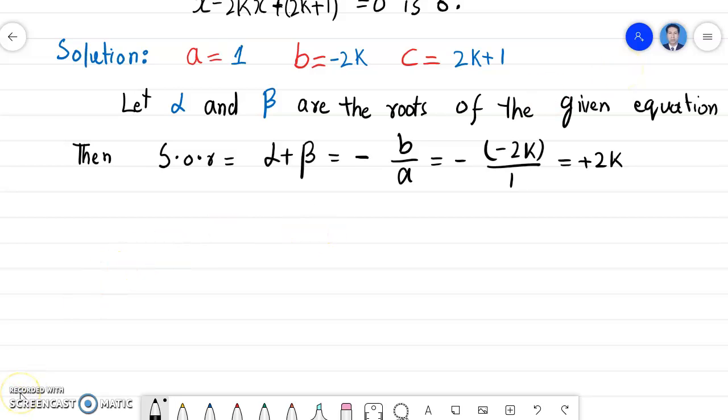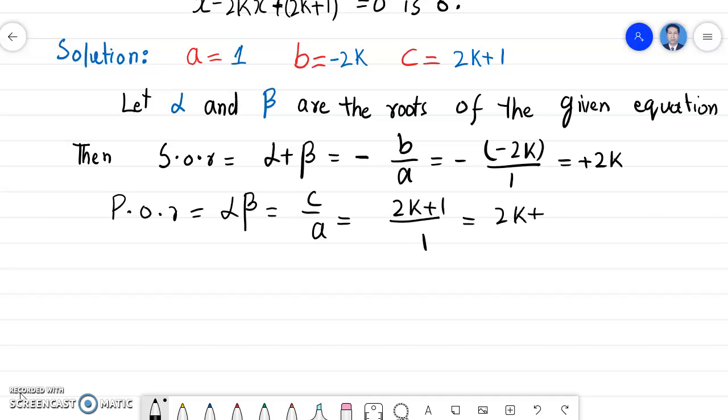And then the product of the roots, this is alpha beta, equal to c over a, equal to 2k plus 1 over 1, this is 2k plus 1, so this is alpha beta.